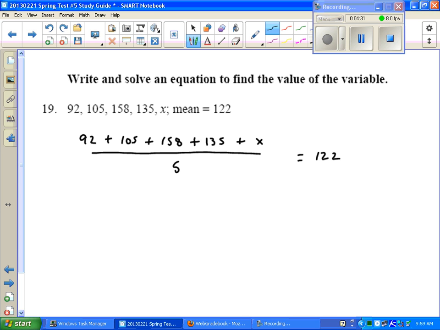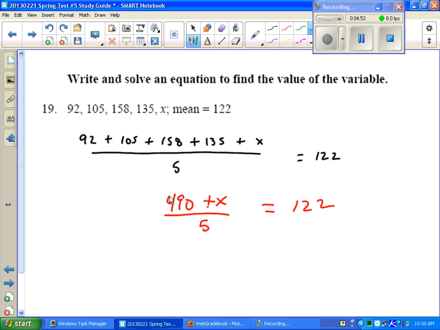In order for you to figure this out, you need to add all of those numbers up. You need to combine your like terms. When you combine those like terms, you get the number 490 plus x, still over 5, still equals 122. So now it's just like the bell work we did a little while ago, just with much larger numbers.